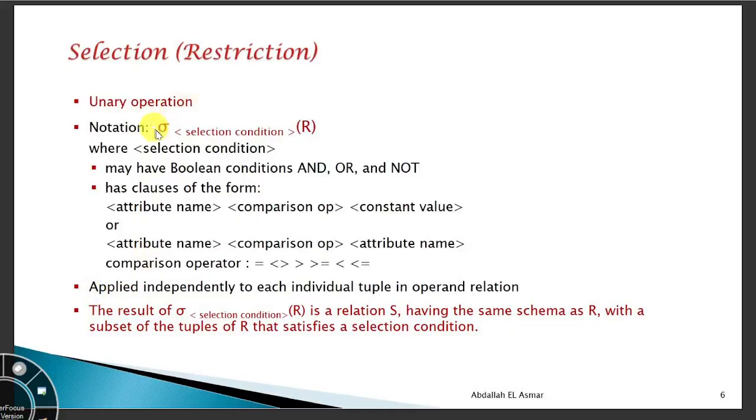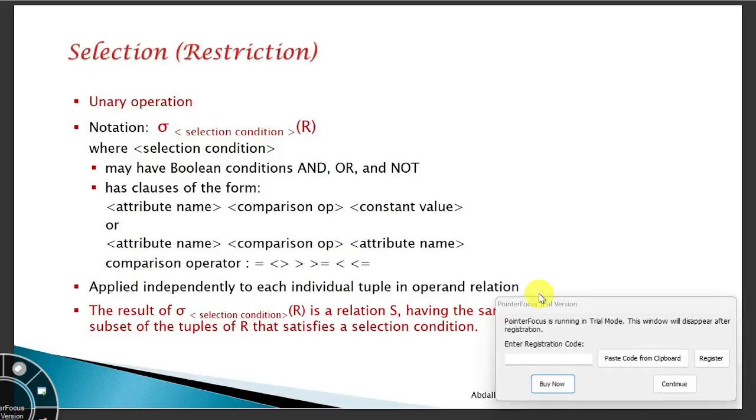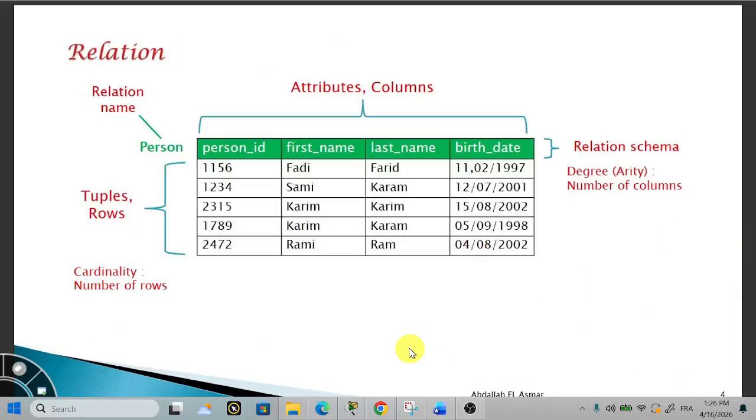And also this selection can be applied independently to each individual tuple in the operand relation. What does this mean? For example, I said here, select first name equal Karim.